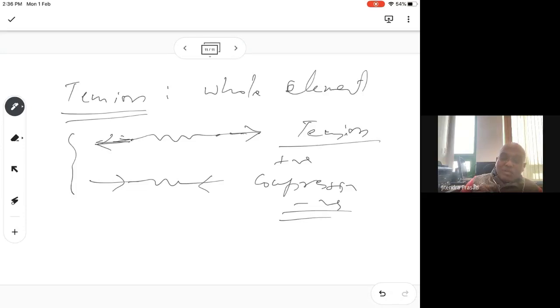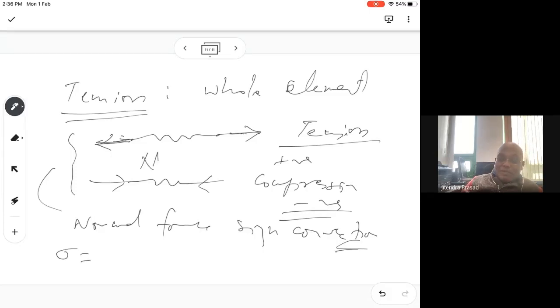This is like normal force, with its own sign convention. Normal force N is a different thing. I'm talking about the N. When I ask you for the stress, you will say sigma equal to N over A. If it is tension, you get positive; if you get a negative, this is compression. Whenever you say tensile force and all those things, you are talking about it in the sense of a stress.